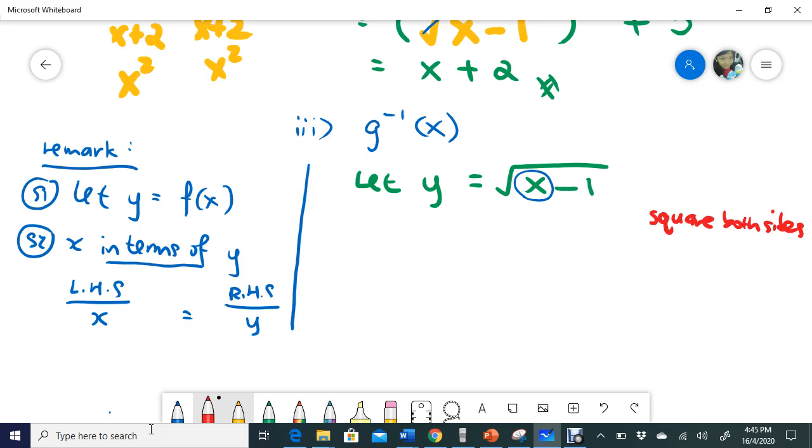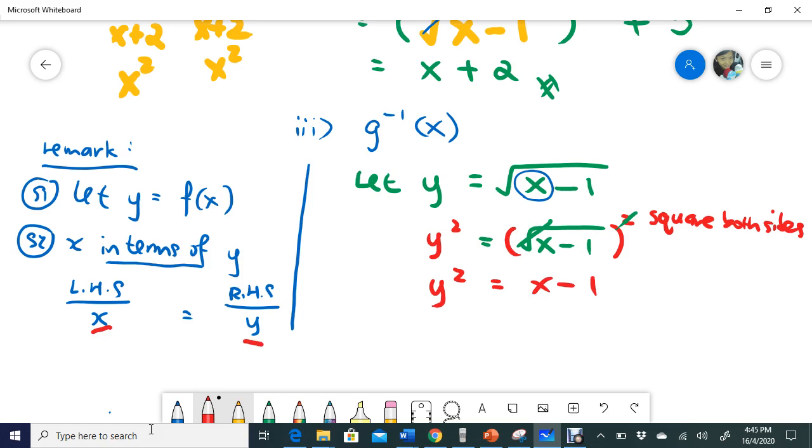So you have y squared, and this one also the whole thing squared, x minus 1. So simplify it. In the end you have y squared equal to x minus 1. I already told you, you need to have x on the left, y on the right. So x on the left, just rearrange back.